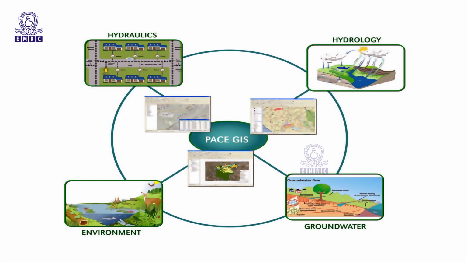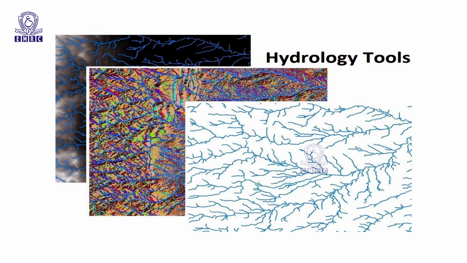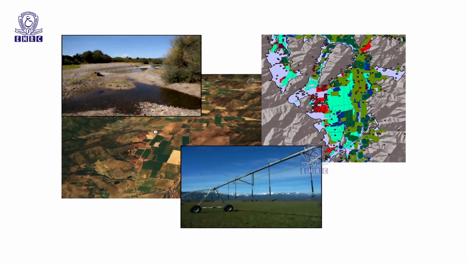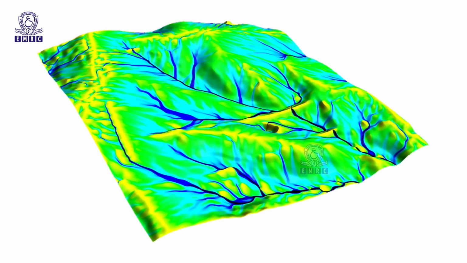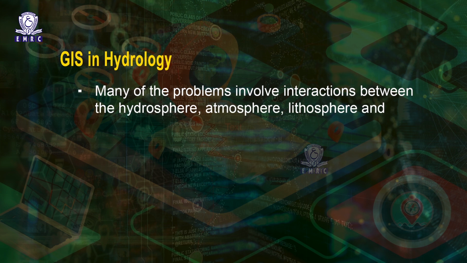led to a significant development in the way that hydrological research and operations are conducted. Water resource applications of GIS are concerned with the hydrological cycle and related processes. They are multifaceted because many of the problems involve interaction between the hydrosphere, atmosphere, lithosphere and biosphere.